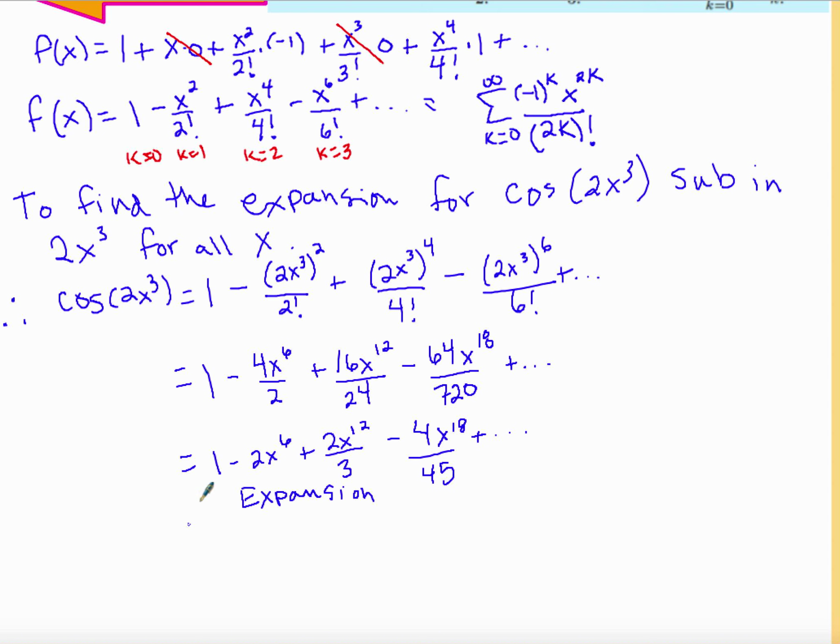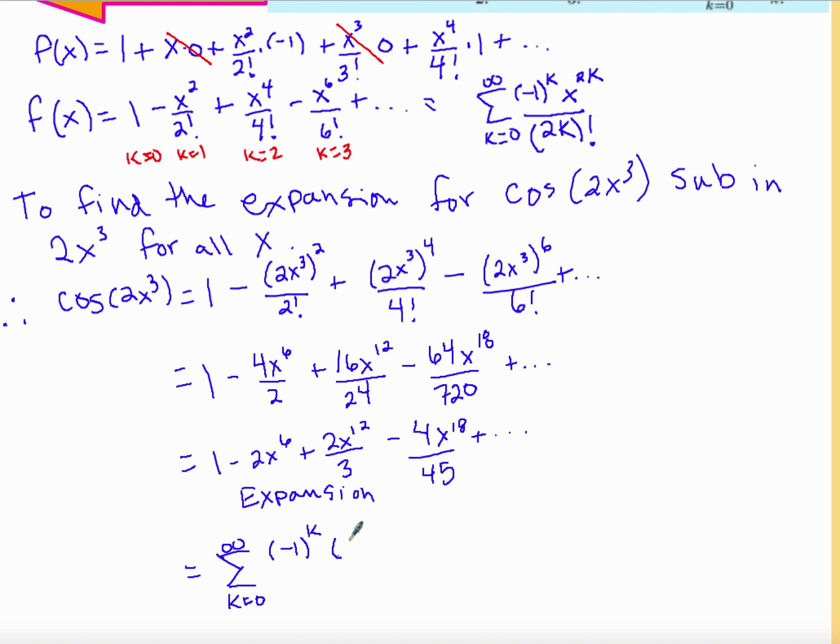If we wanted to write the series, we could do that too. Let's just look at our original series that we had written. So it was -1 to the k power. So I'm going to use that again because I still have that alternating sign. And then it's got x to the 2k power.